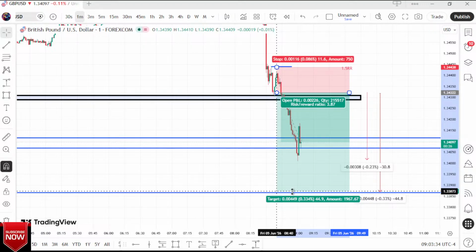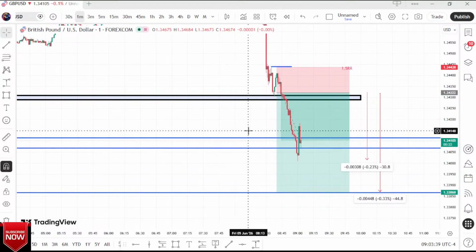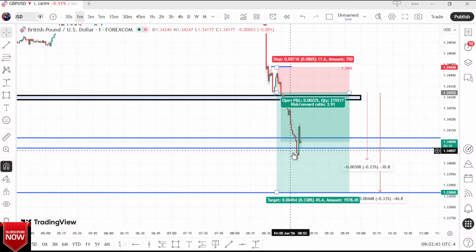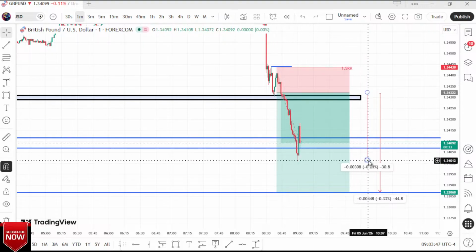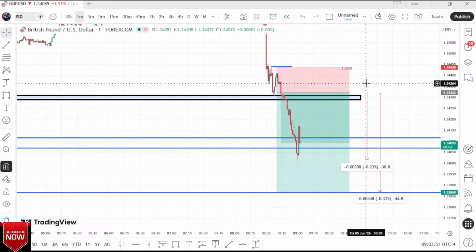Then you see it can be reversing because it has taken out those sell side liquidity. But price has gone 30 pips. I usually teach my students, whenever you are going to be a scalper, if price has moved 30 pips in your direction, you should take out something.